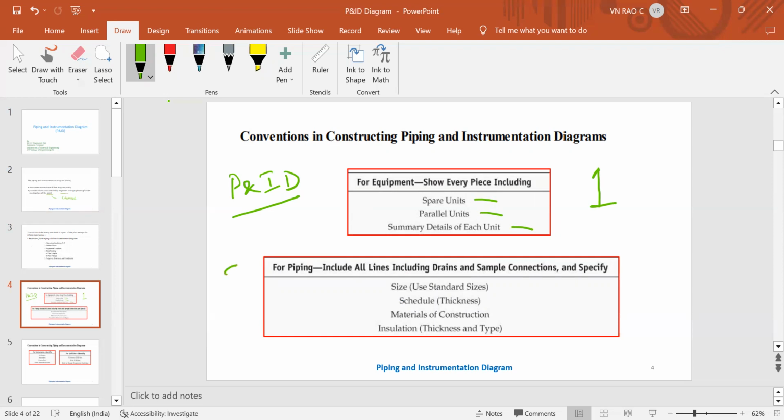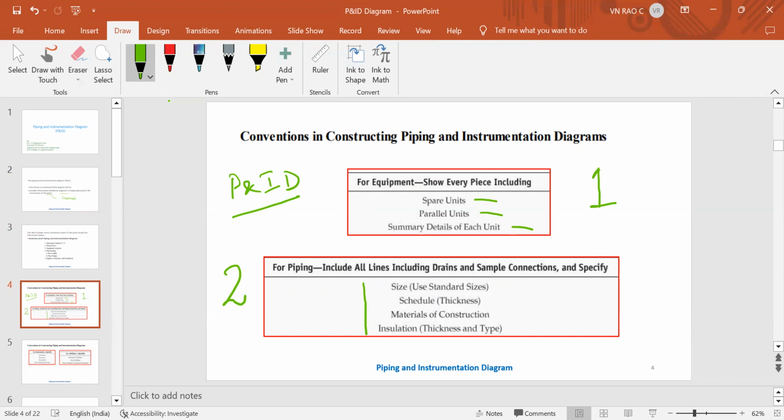Second, piping. There are four elements under piping: include all lines, including drains and sample connections, and specify them.